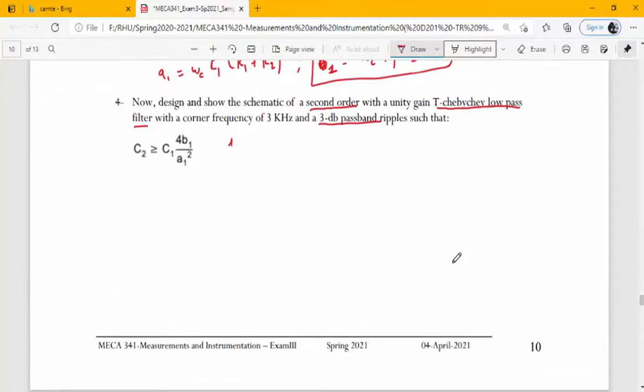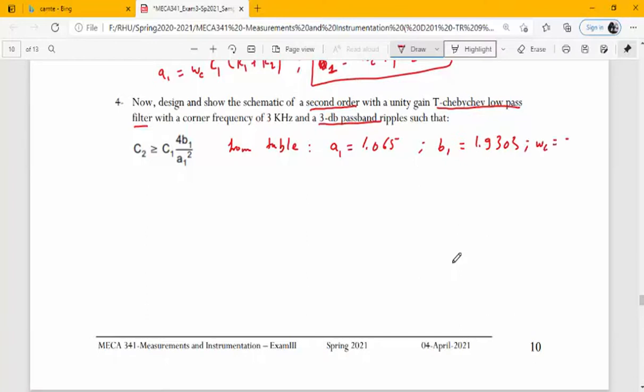So, from the table, we find that A1 is equal to 1.065 and B1 is equal to 1.9303.